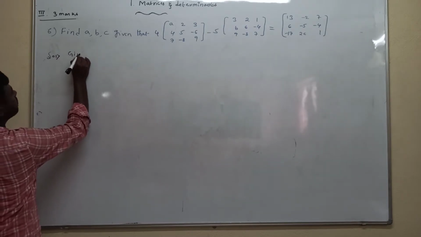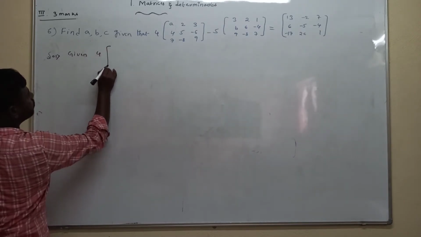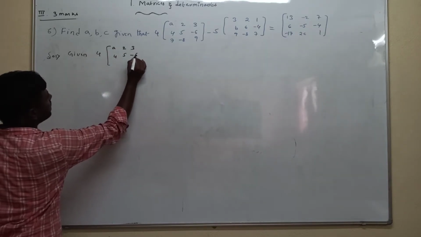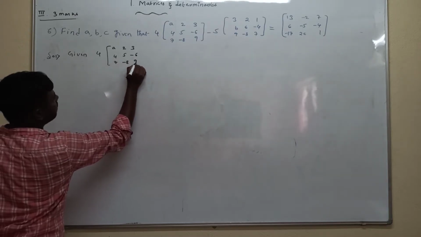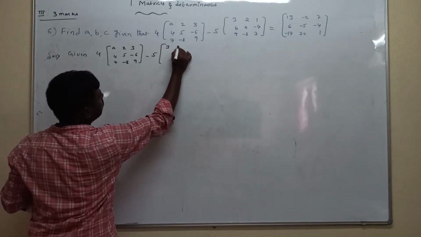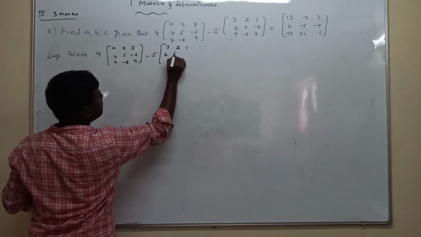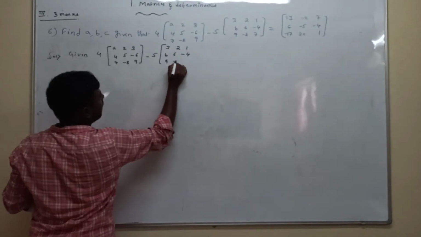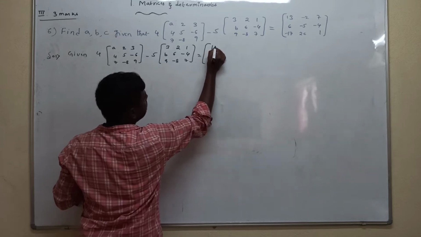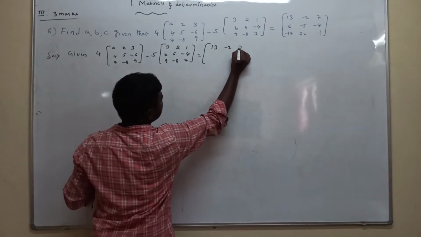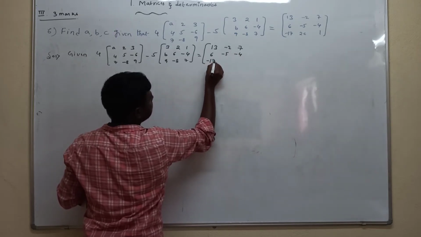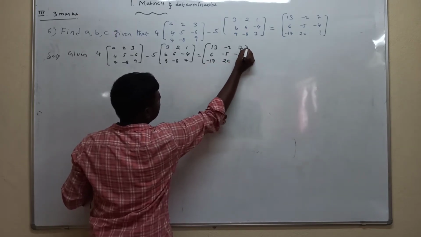Given: 4 into the matrix A 2 3 4 5 minus 6 7 minus 8 9, minus 5 into the matrix 3 2 1 B 6 minus 4 9 minus 8 7, is equal to 13 minus 2 7 6 minus 5 minus 4 minus 17 2C 1.